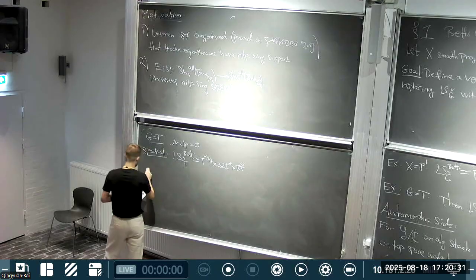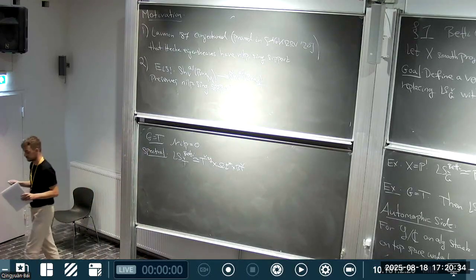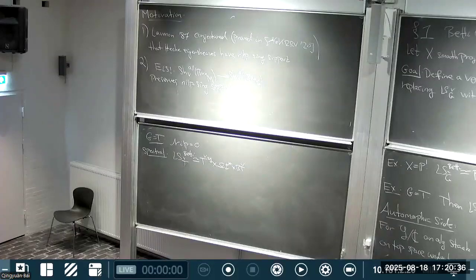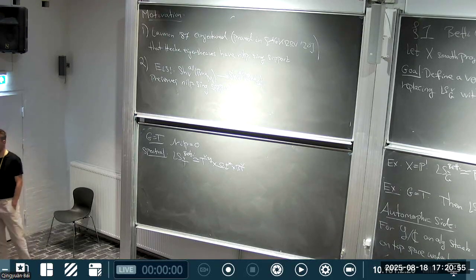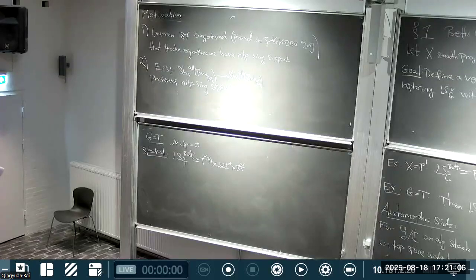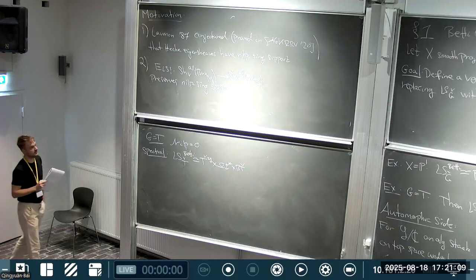If people haven't seen this before, it might be helpful to say: for just the group G itself, it was already well known in the 70s and 80s that special sheaves on G, for which you care about character sheaves, all have this kind of nilpotent singular support. The analogous local system on the torus having no nilpotent support, these are all local analogs and pictures that people already knew for special functions and sheaves.